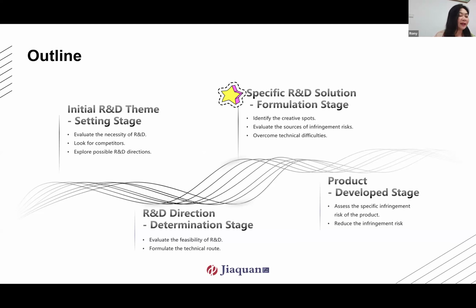They may need our IP team to help them identify the innovation points in their solutions. These points can be used as selling points for advertising to the market or for patent applications to better protect their products.